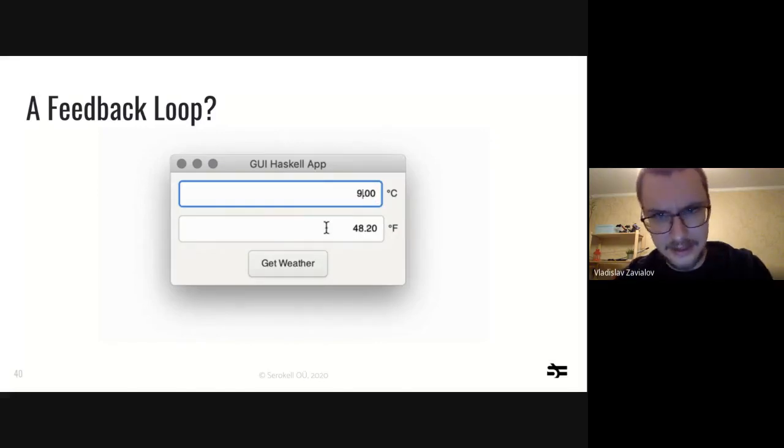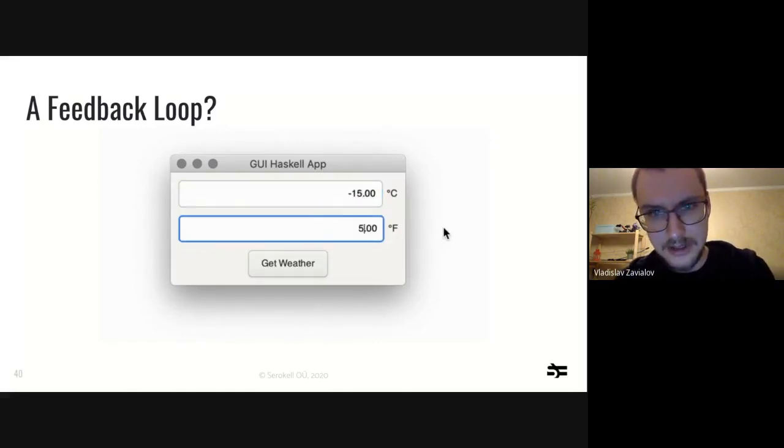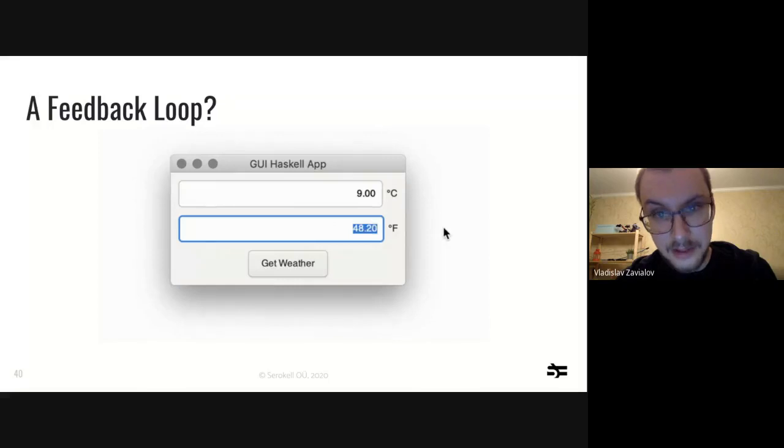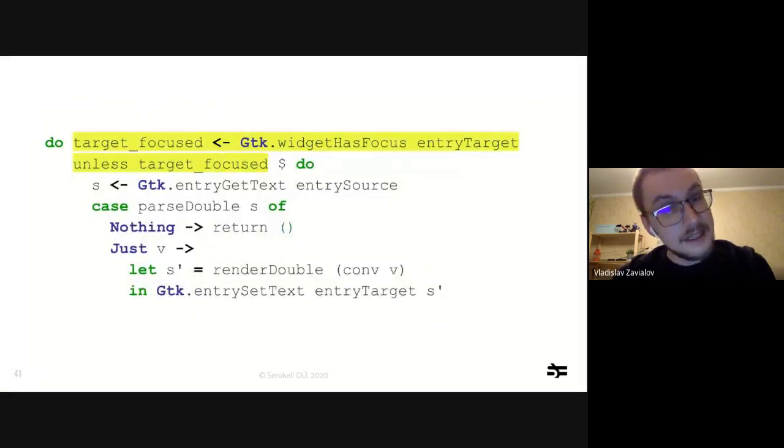So that's definitely not the user experience that we are looking for. Input fields behaving chaotically with these feedback loops and not actually giving accurate results due to rounding errors. But fixing it is not that difficult.